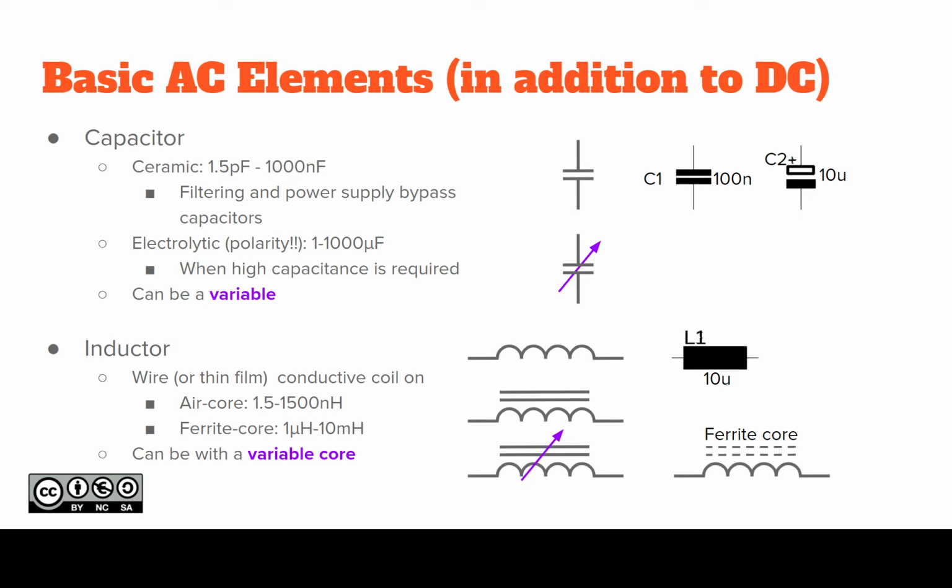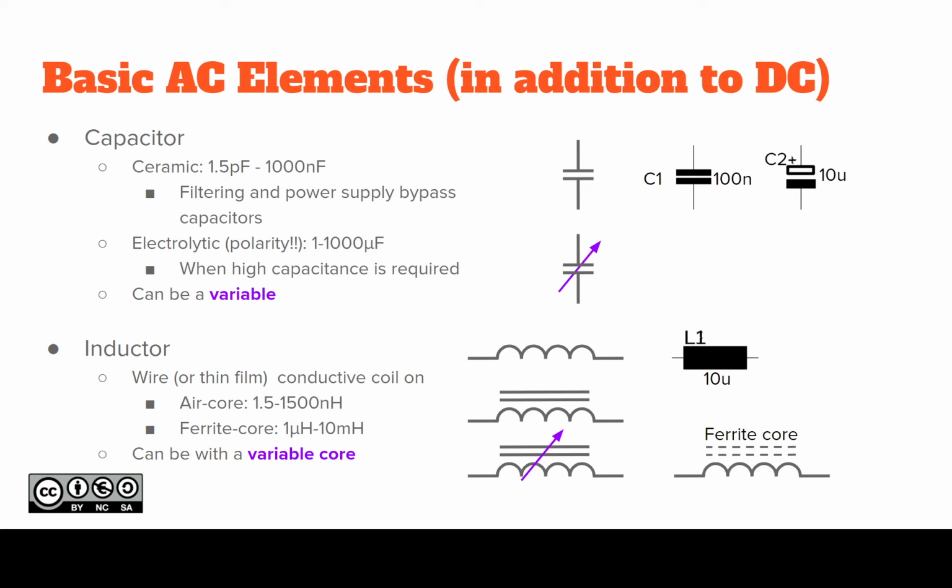Basic elements, capacitor and inductor, are different types. Capacitors differ by the material between the plates. The simplest capacitor is just two metallic plates next to each other, not touching, but with an insulator in between.